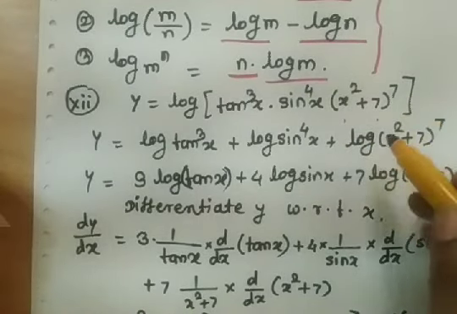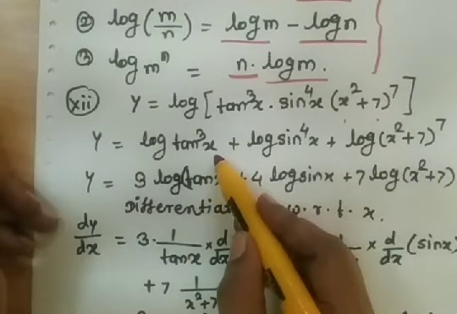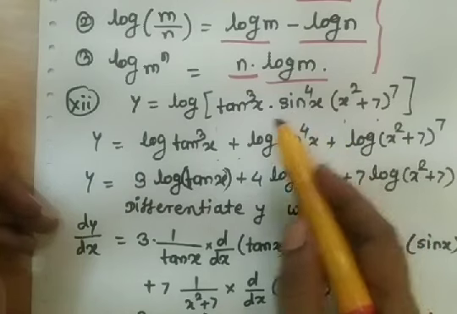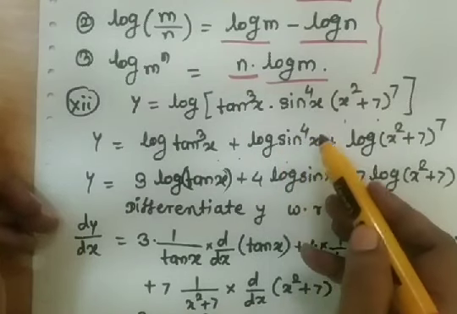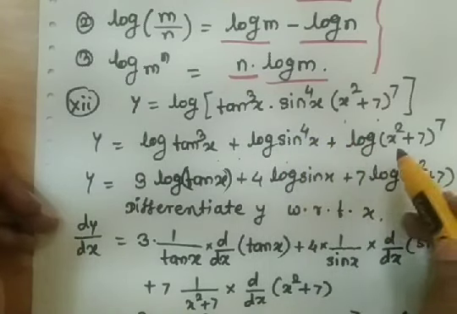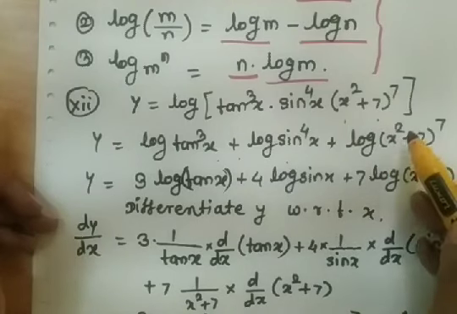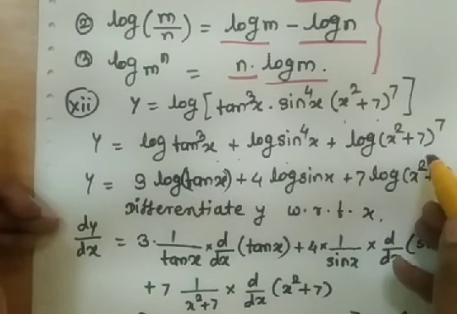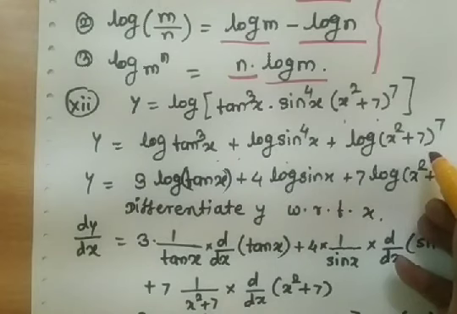Then y becomes log of tan cube of x, plus the second, suppose log of n, that is log of sin raised to 4x, plus, suppose log of l, that is log of (x square plus 1) bracket raised to 7. These terms are of the type of the third law, log of m raised to n.